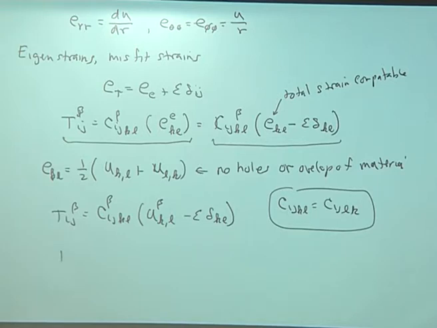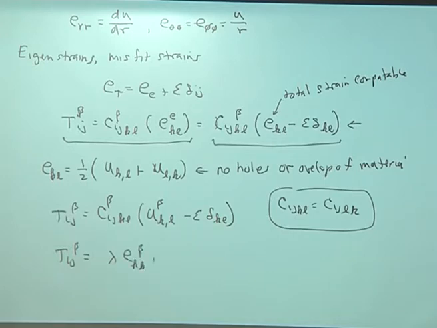So you get Tij is going to be equal to... Let's go back and rewrite this equation in spherical for an isotropic material.